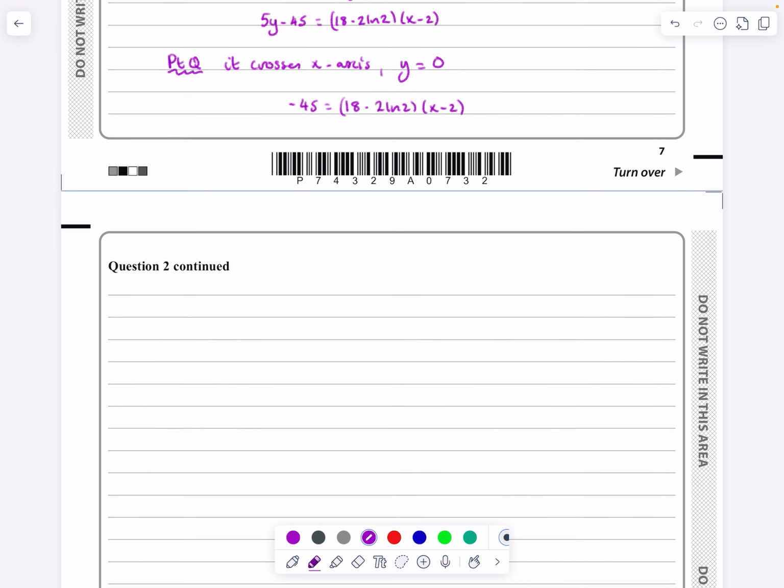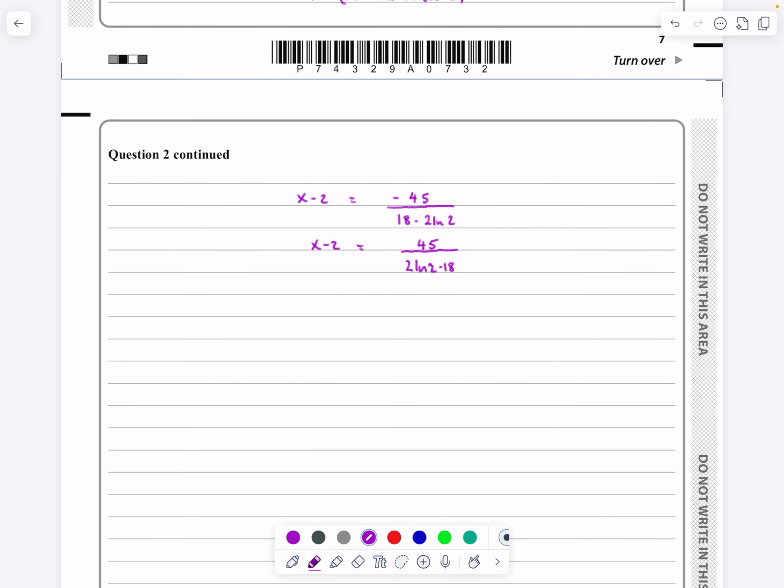So x minus 2 is going to be minus 45 over 18 minus 2 log 2. I'm going to tidy that up. I'm going to call that 45 over 2 log 2 minus 18 first of all. All I've done is taken a minus and a minus out of there.